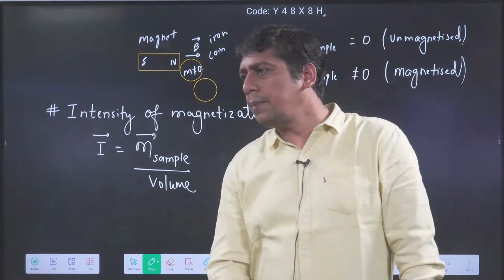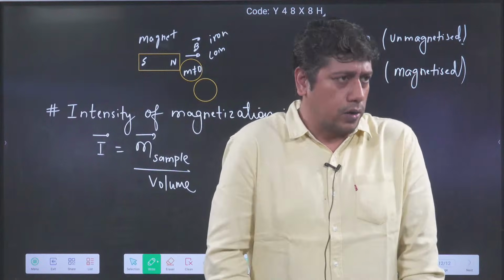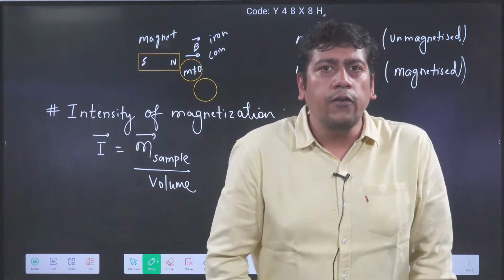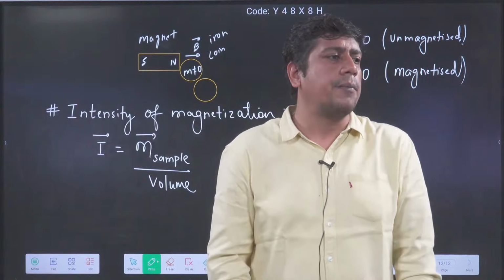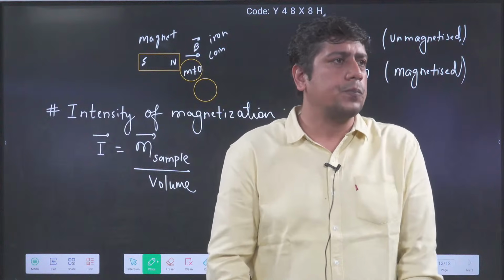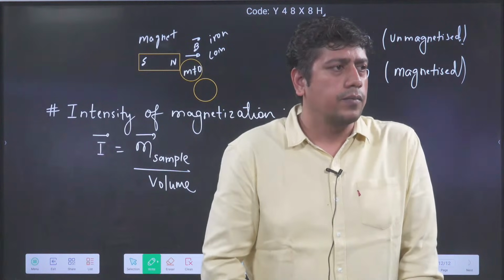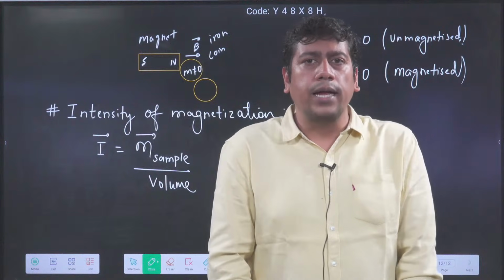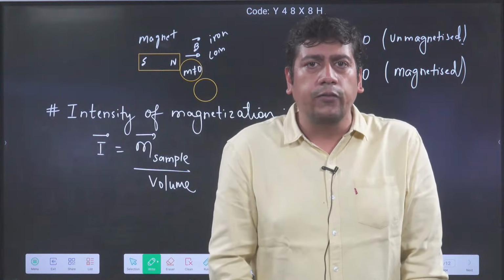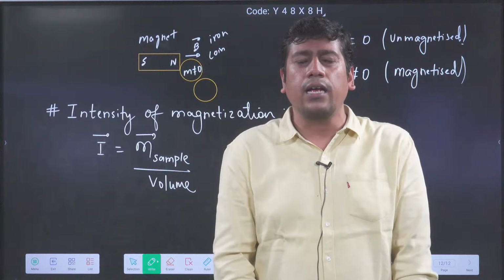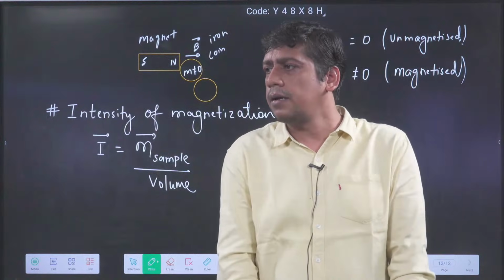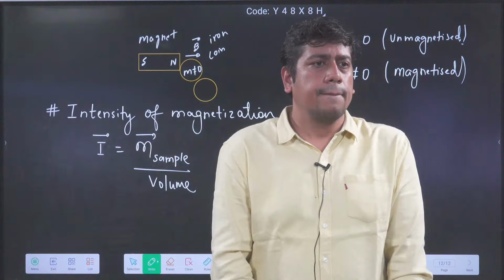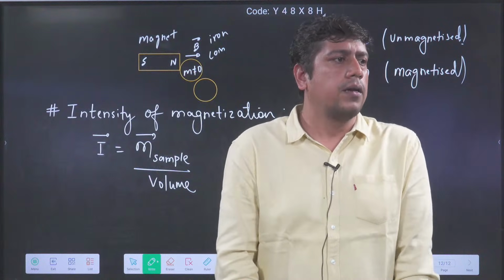Everything is the same, dimension is the same. You place both in the same magnetic field, which will behave like a strong magnet, iron or copper?